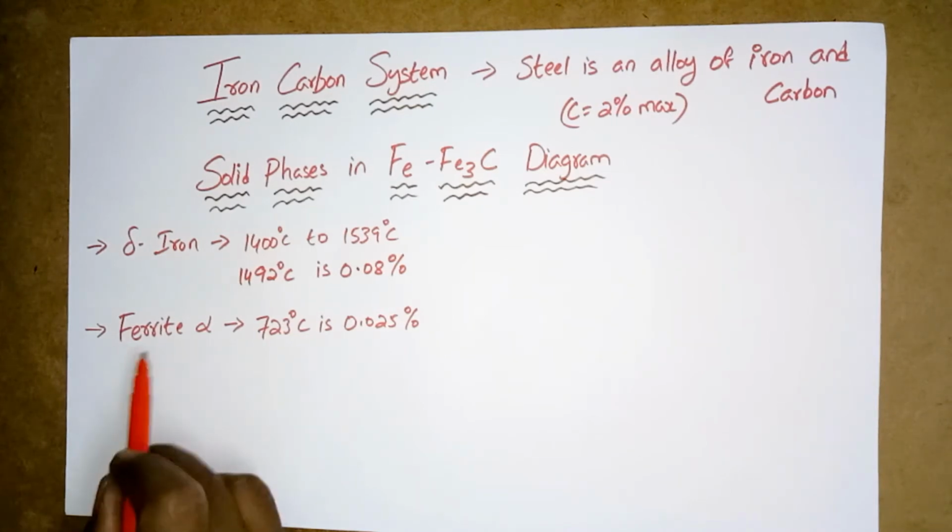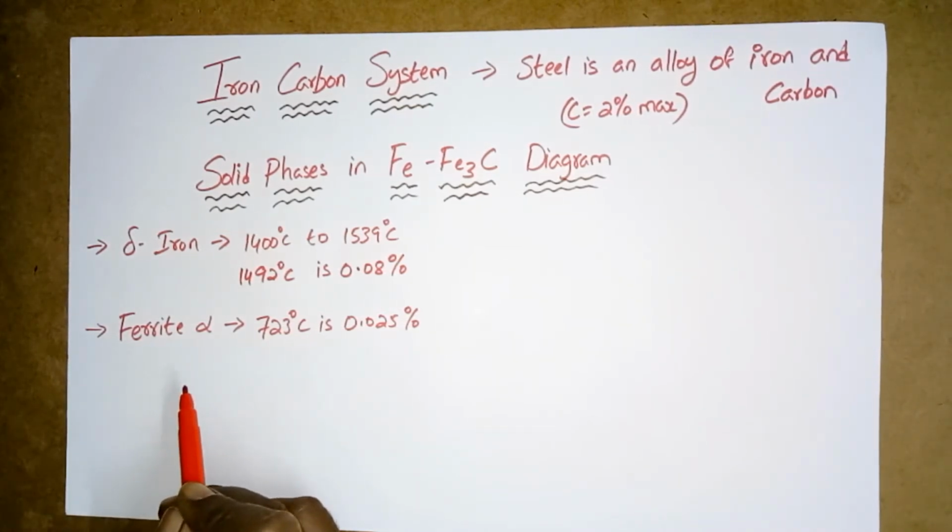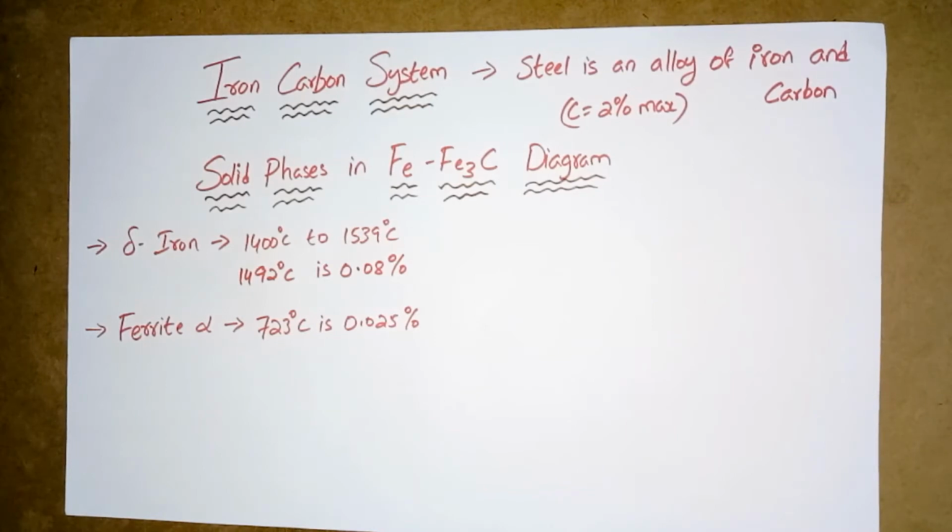We know this ferrite is very soft and ductile. It is magnetic up to 768 degrees centigrade and non-magnetic above 768 degrees centigrade.